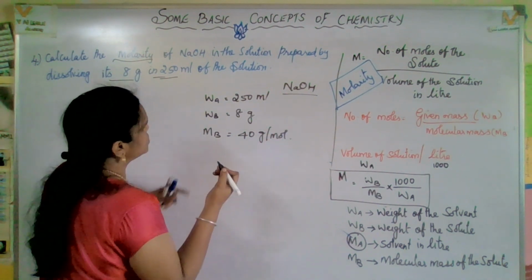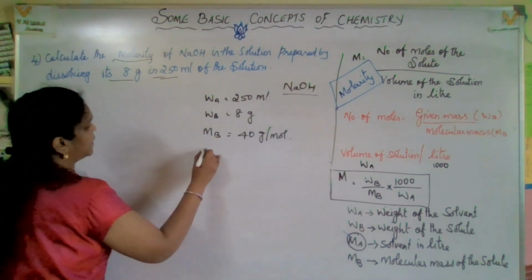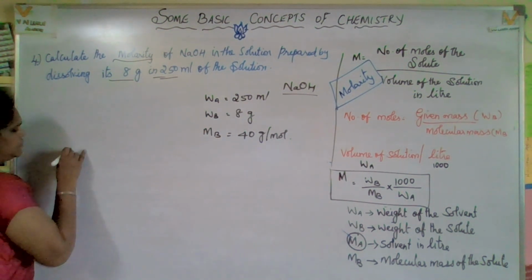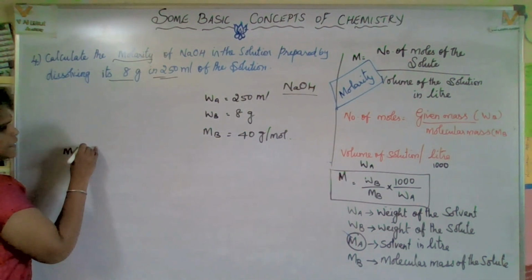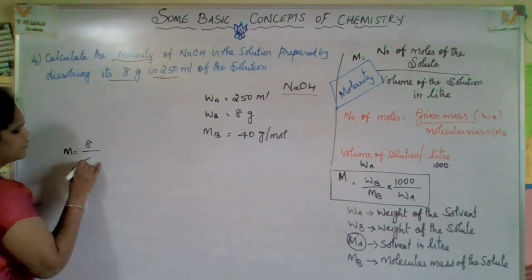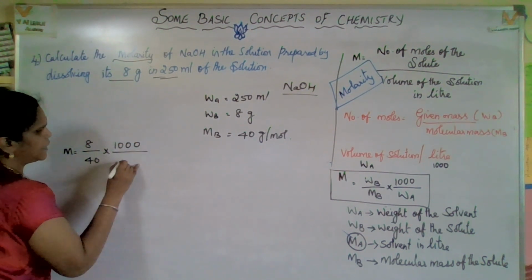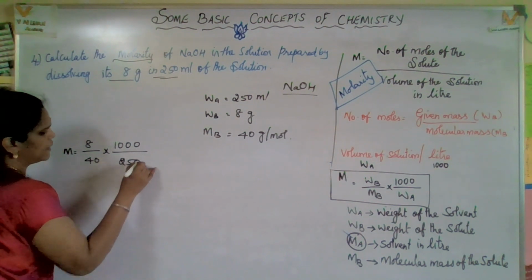Now in 1000 ml, then which is that you have to provide? Capital M. So capital M equal to given mass 8 divided by 40 into 1000 divided by 250. Right?